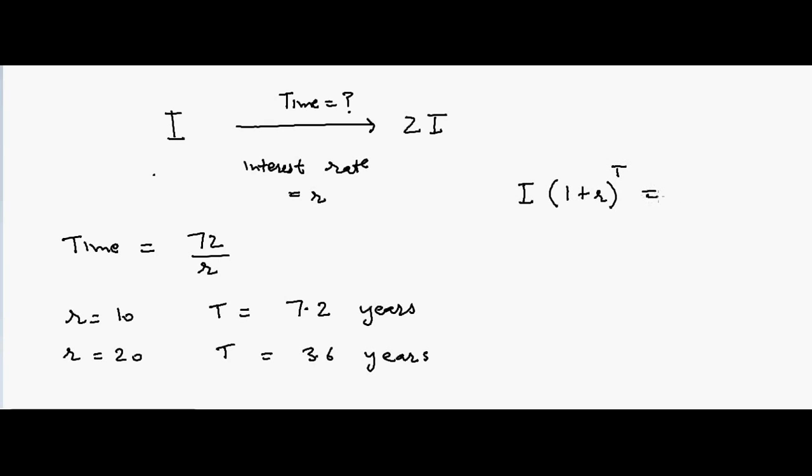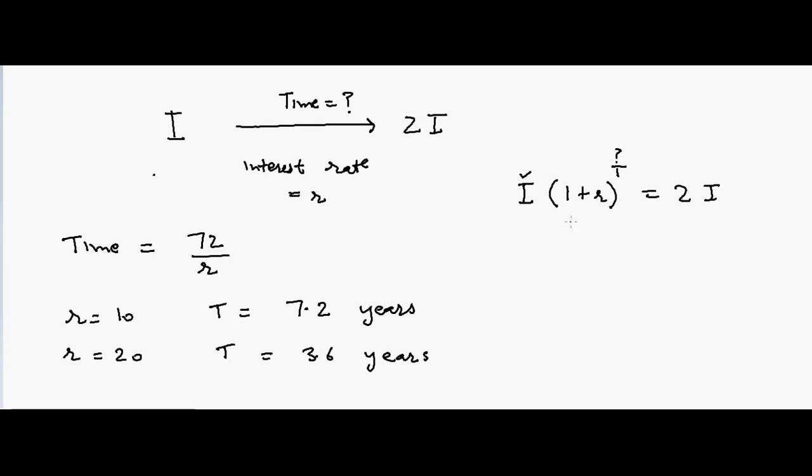So that should be equal to 2I, right? So this is our initial investment, and then we have an interest rate every year, and this is compounded every year, so that will become 2I after a certain time. And we want to calculate what the time should be.